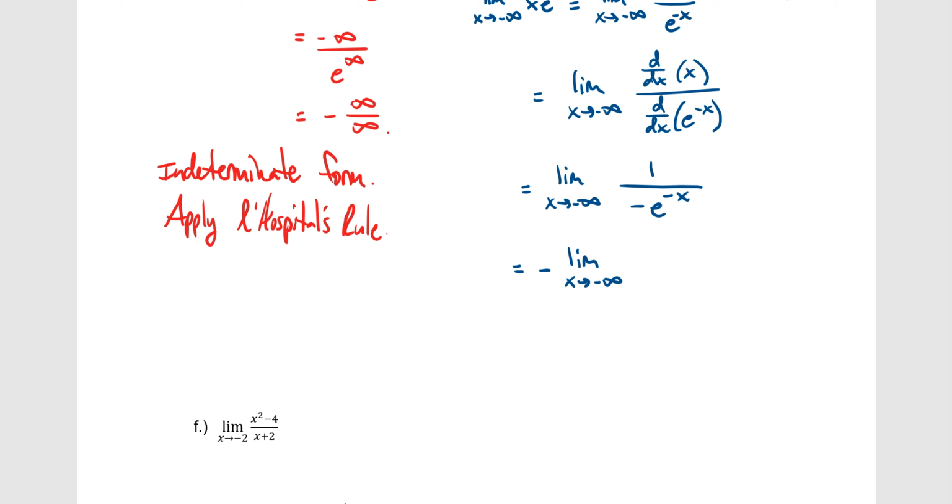Negative limit as x goes to negative infinity of e to the positive x, because we're changing it from denominator to numerator, so the exponent changes from negative to positive. And now we can imagine plugging in negative infinity. E to the negative infinity is 1 over e to the infinity, which is 1 over infinity, which would be 0. So this answer would be negative 0, which is just 0.